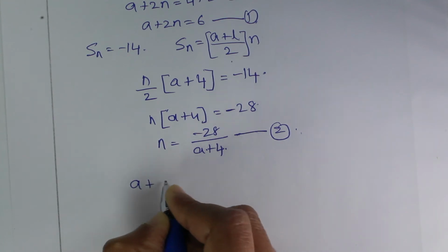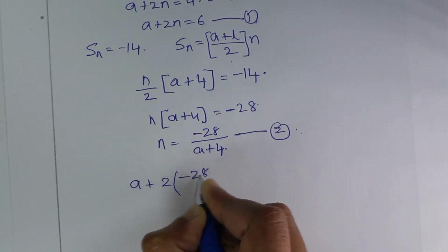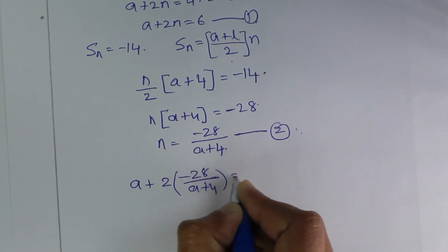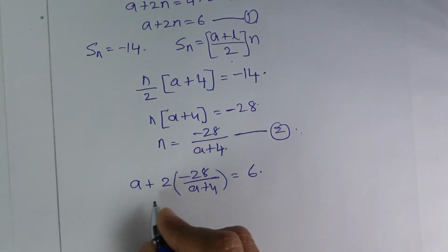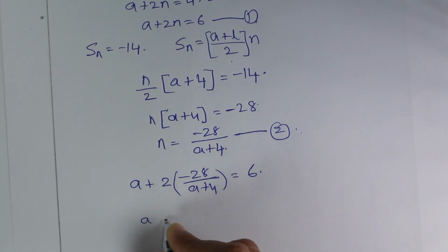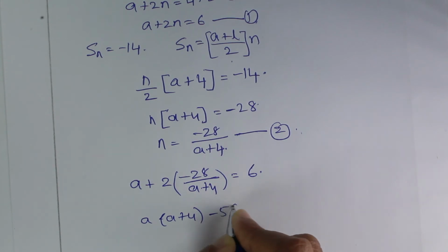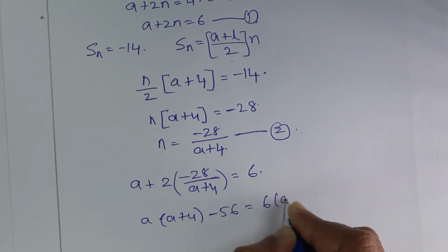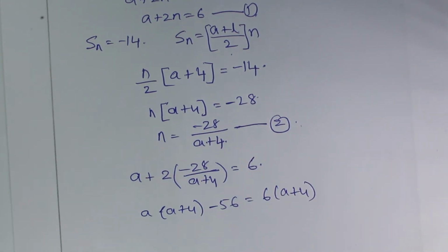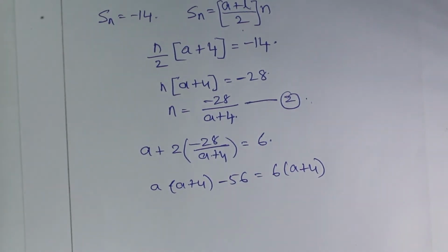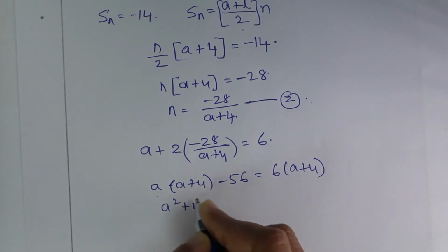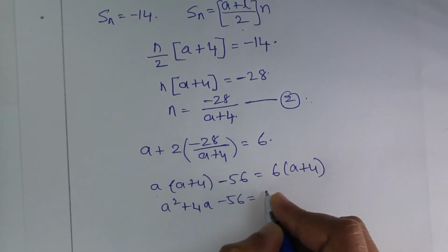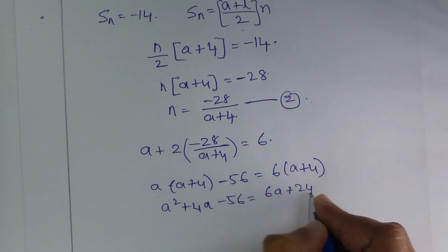So a plus 2 into (minus 28 divided by (a plus 4)) is equal to 6. a into (a plus 4) minus 56 is equal to 6 into (a plus 4). a square plus 4a minus 56 is equal to 6a plus 24.